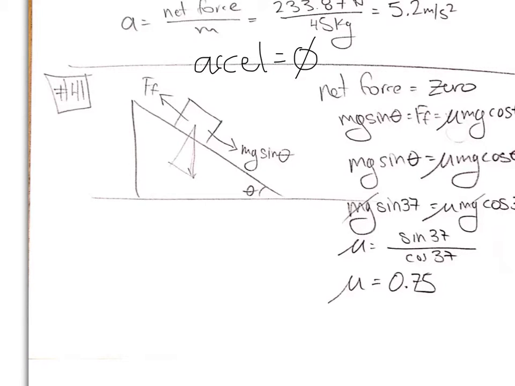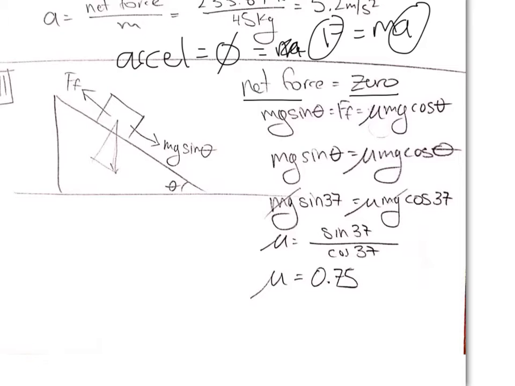From F equals ma, if the acceleration is 0, the net force has to be 0. That's where we get this. Net force equals 0.